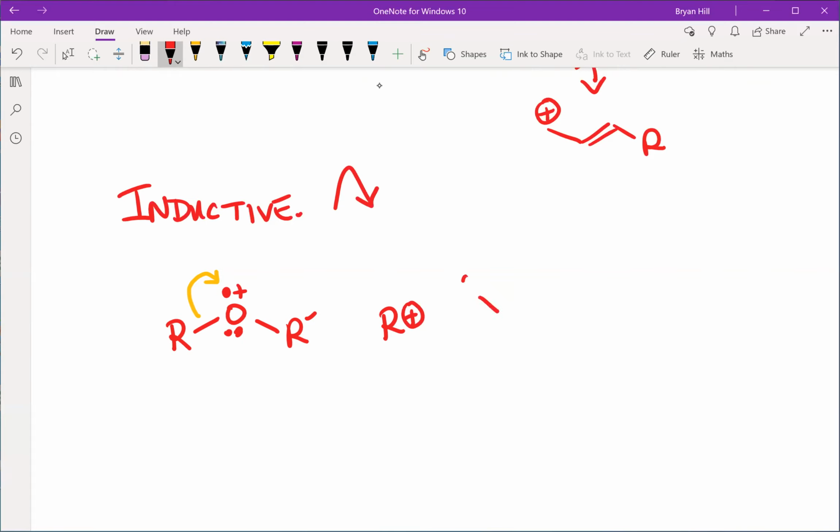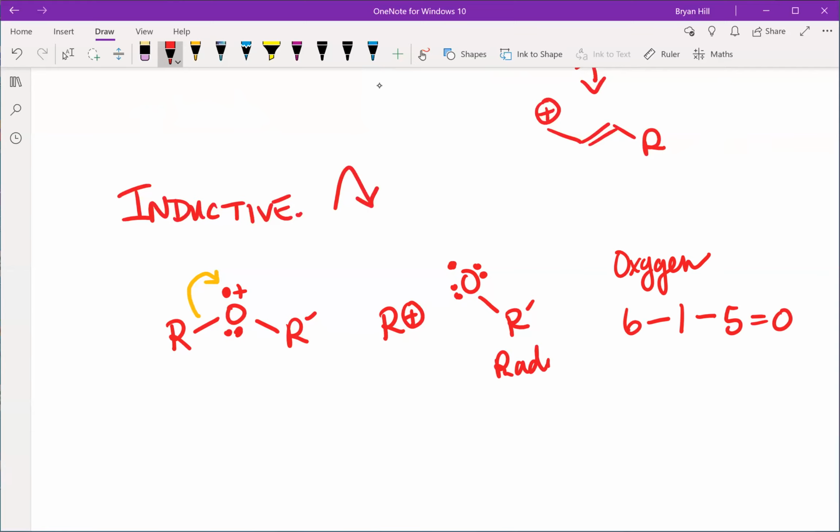And the species that is neutral is now this species here, because this yellow arrow is moving two electrons onto oxygen. So now oxygen has got 5 non-bonding electrons. Remember, to do the formal charge on oxygen here, normally it's 6 valence electrons minus 1 bond minus 1, 2, 3, 4, 5 electrons equals 0. So this radical is not charged, and this R plus will be detected.